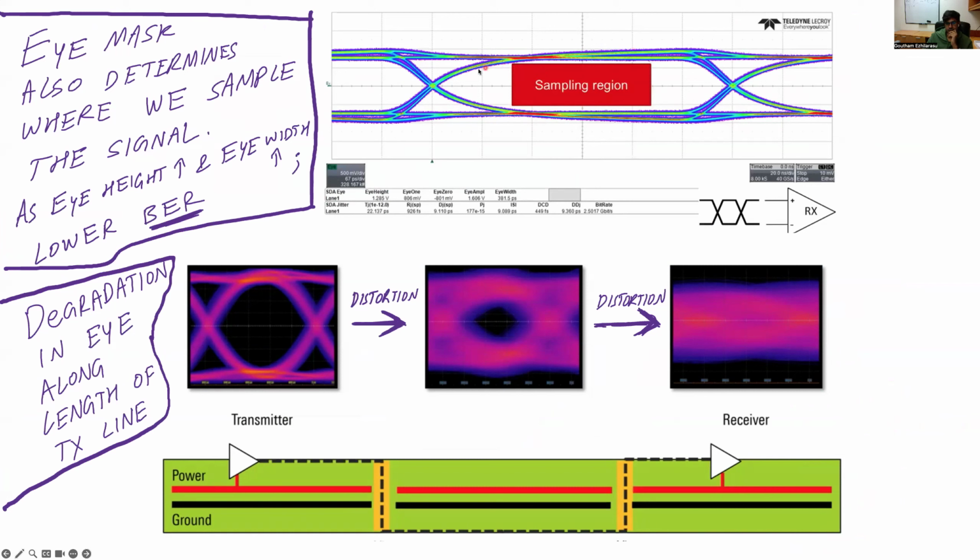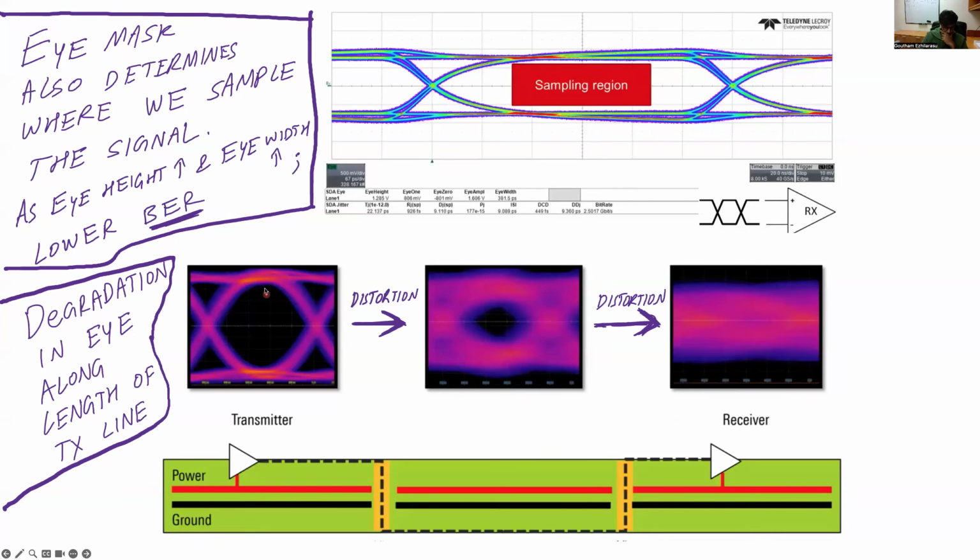So here you see the eye opening is quite wide. So the eye width is quite large, and therefore you have a much larger region where the signal can be reliably sampled. In a real link, however, say this was some communication link, and you had the transmitter where the data was sent and then received at the receiver, it depends upon where the signal is actually looked at.